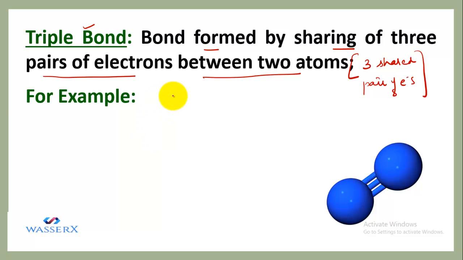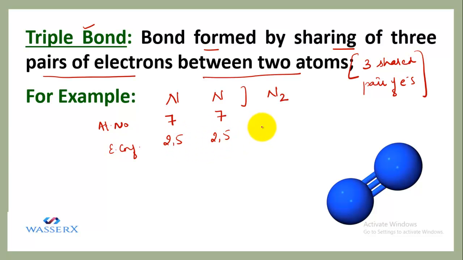Let's take an example. Suppose nitrogen and nitrogen combine, they form a nitrogen molecule. If we write their atomic numbers, the atomic number of nitrogen is 7. If we write its electronic configuration, it is going to be 2, 5.